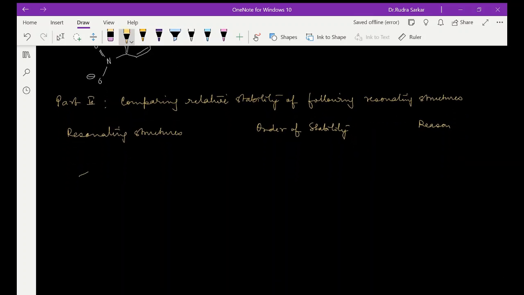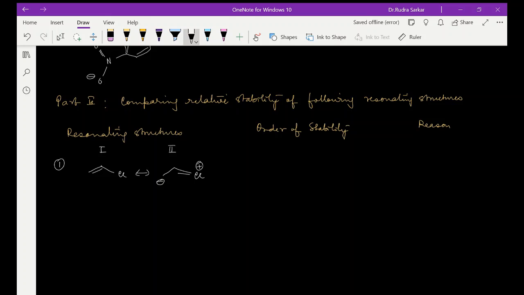So let's have two such structures. We're calling this 1. So its resonating structure obviously will be, now we're calling this 1 and this 2.